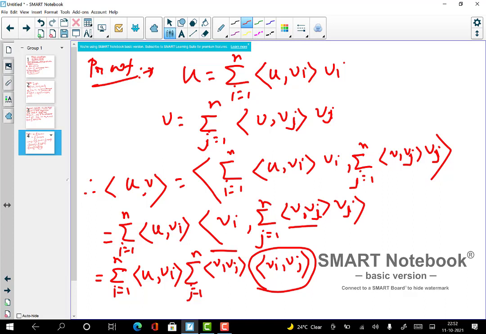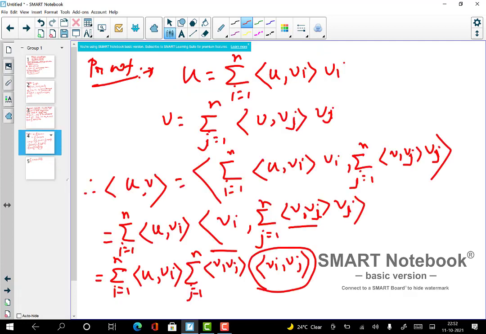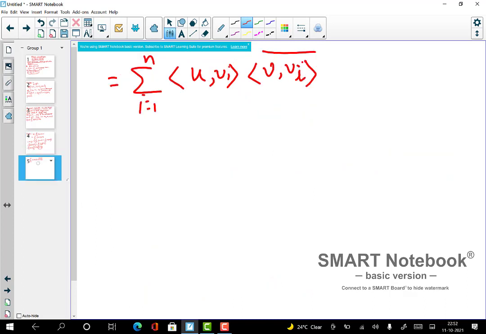Hence you can write it as the summation i equal to 1 to n of the inner product of U with vi, times the inner product of V with vi, bar. That is because of the property that when i is not equal to j, the inner product vanishes, and when i equals j, this is the norm squared, and the norm is 1, so this is 1. Okay, so this is a proof.